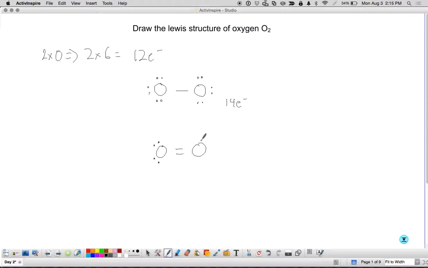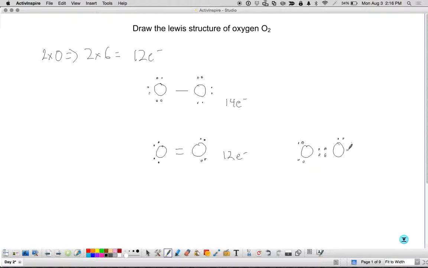And this one also needs 4 more. So that's 2, 4, 6, 8, 10, 12 electrons, and that's what we're looking for. Okay, the dot structure of this would look something like this. Kind of funky looking, where instead of sharing 2 electrons, we're now sharing 4 total electrons, right?